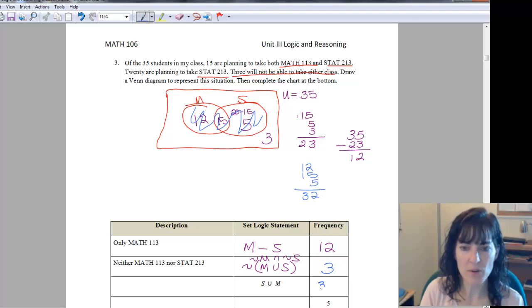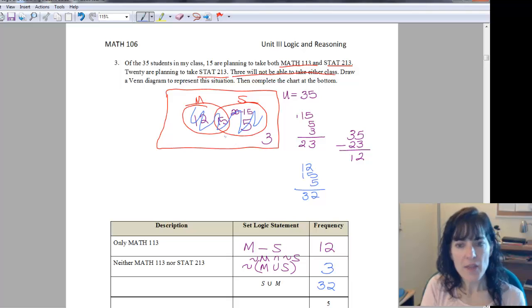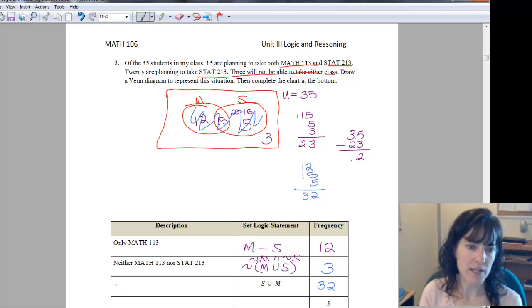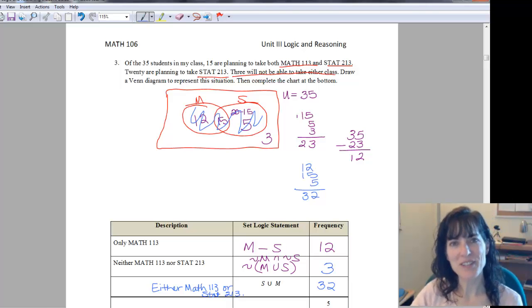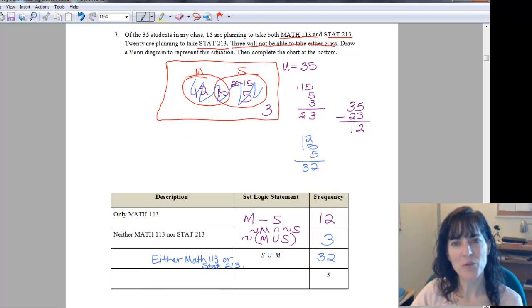So a frequency of 32. And then how will we call that? We'll say either math or stats. And I'll put their numbers in there to follow the format of the previous question.